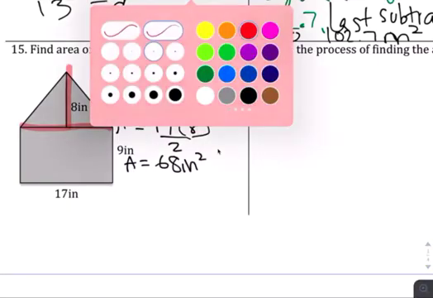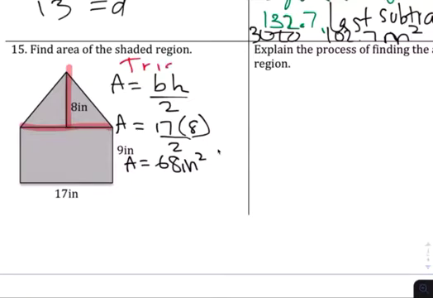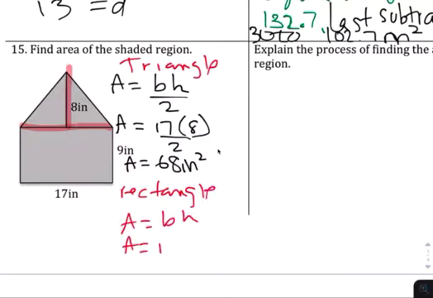Then you have a rectangle. Rectangle is an easy one. Rectangle area equals the base times the height, so length times width, 17 times 9. Area then is 153 inches squared.